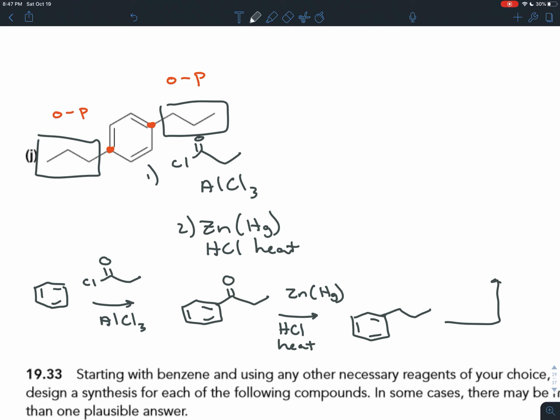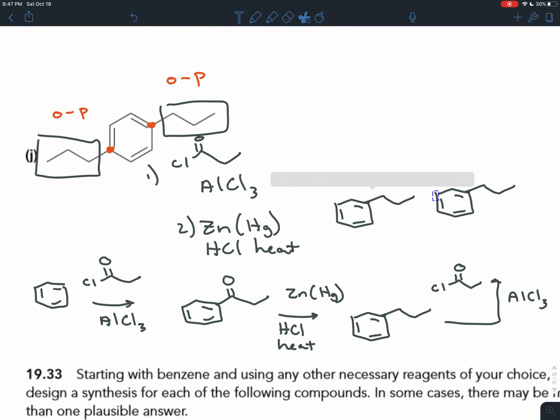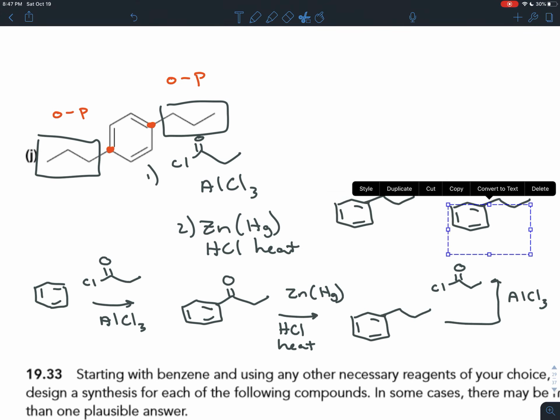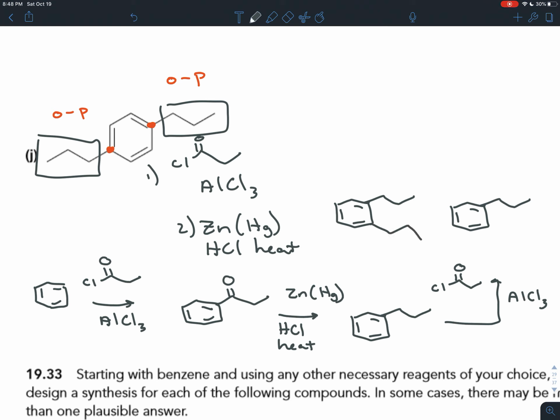So we add that same acyl halide with the metal catalyst. Now that will technically give us two products. It will give us an ortho product, which we don't really want, and it'll give us a para product, which we do want.